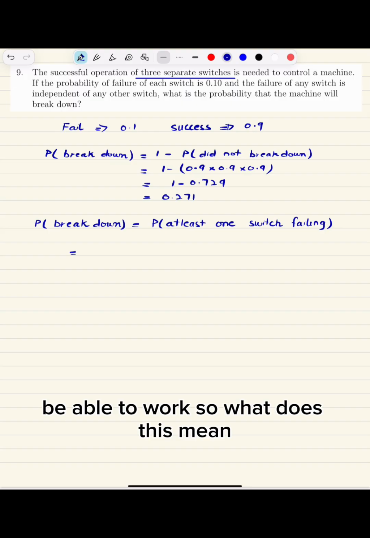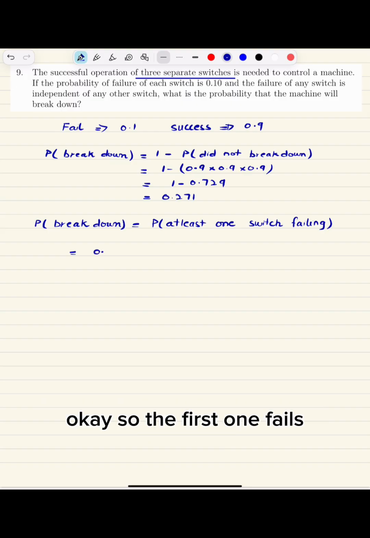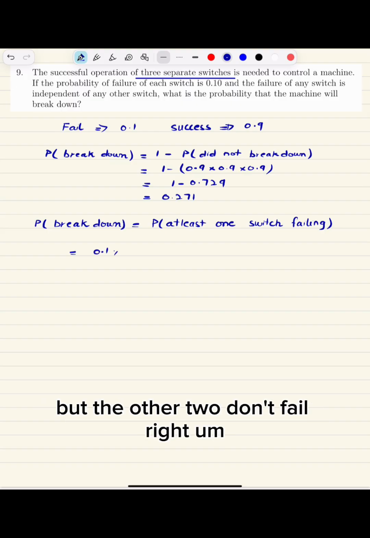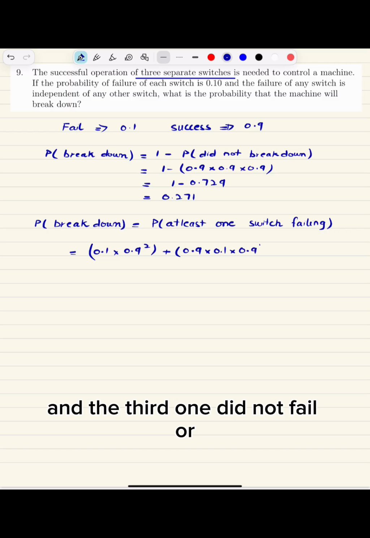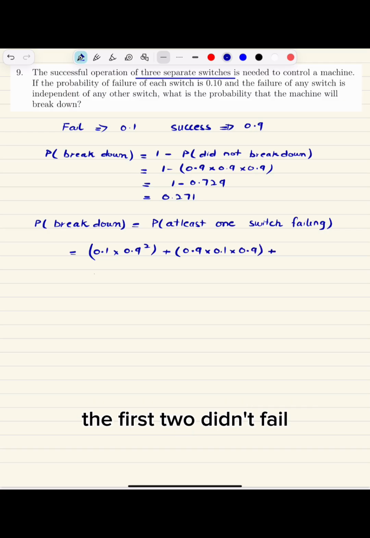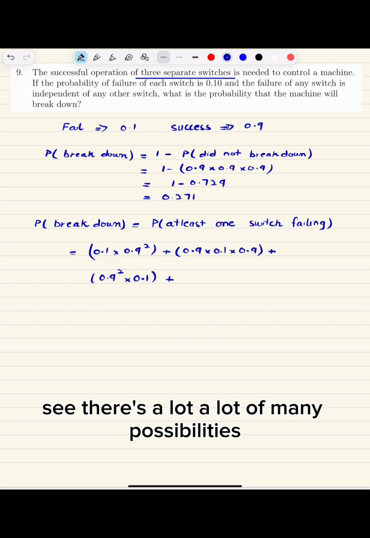So what does this mean? The first one fails, but the other 2 don't fail. Or the first one didn't fail, the second one did fail, and the third one did not fail. Or the first 2 didn't fail, but the last one failed. There are a lot of possibilities.